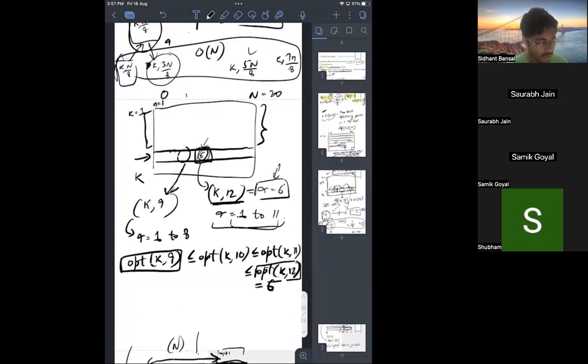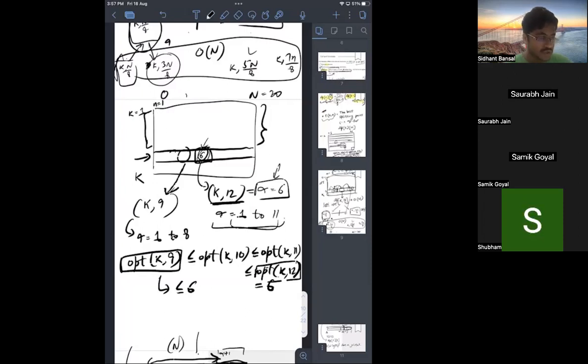It tells you that your best alpha for this particular guy, k comma 9, can never be 7 or 8. There is no point trying alpha equals 7 or alpha equals 8 because they won't be optimal, because of the monotonic constraint on the opt array.